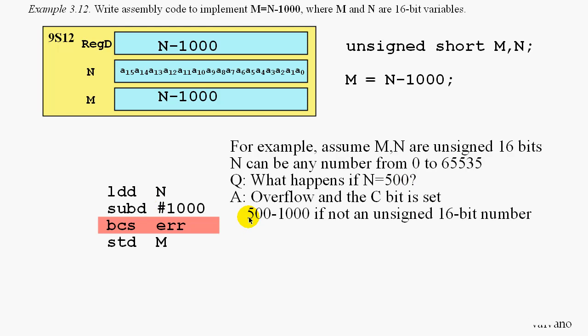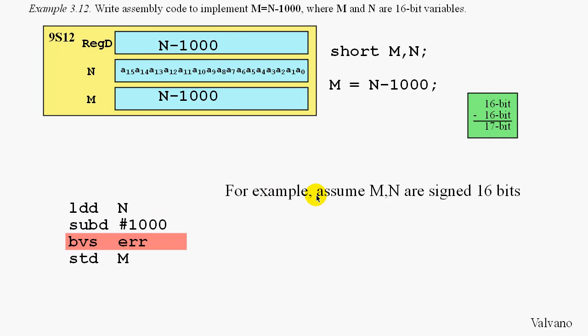The answer is, because 500 minus 1000, which you know should be minus 500, is not an unsigned 16-bit number, an overflow occurs and the carry bit is set. We could have tested this condition using a conditional branch if carry set after the subtract instruction to look for this error.